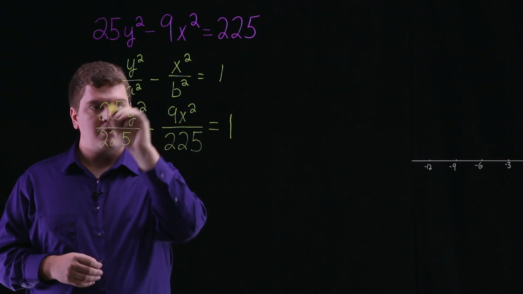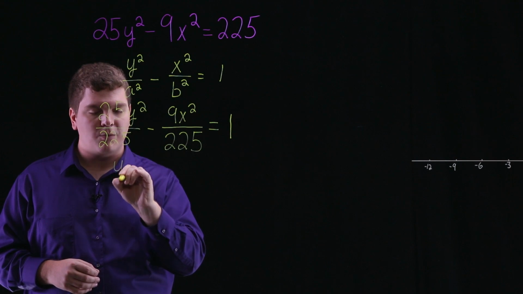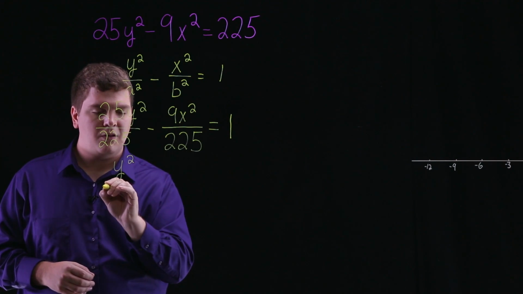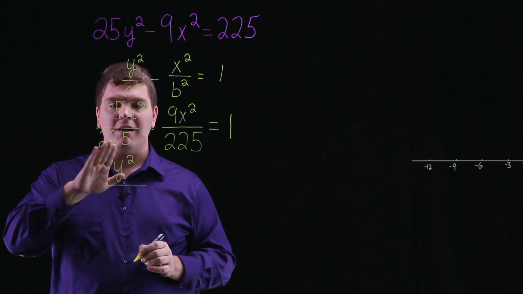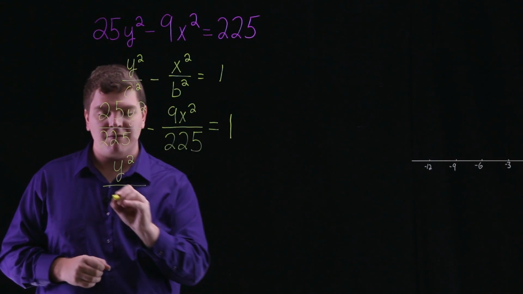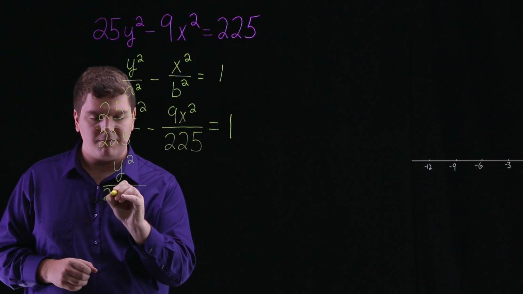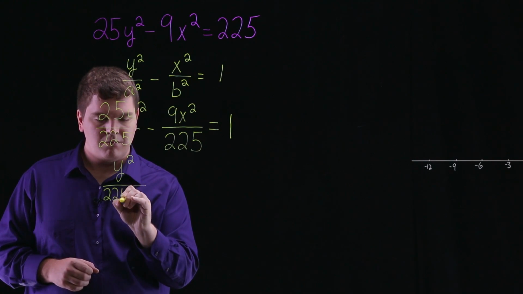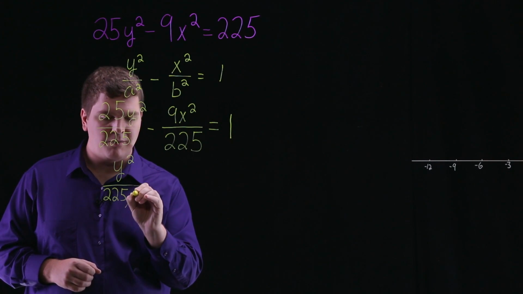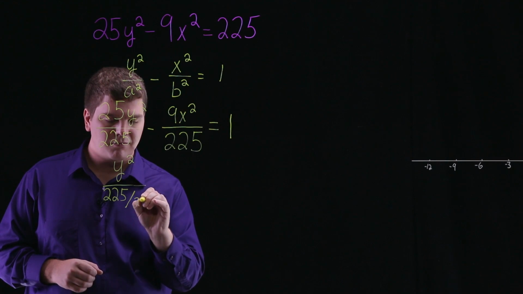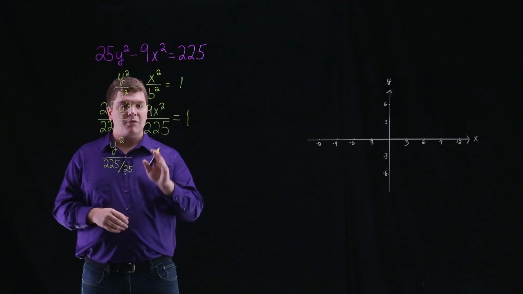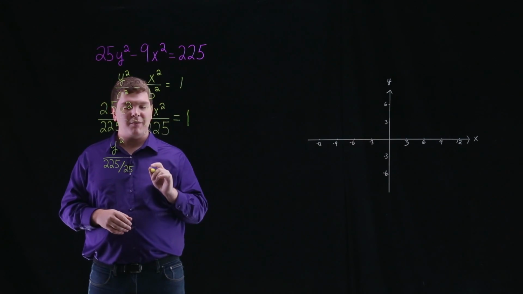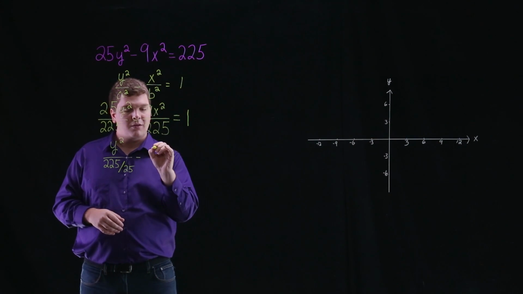So we're going to rewrite this first term as y squared divided by, we're going to rewrite 25 divided by 225 as 225 divided by 25. Now we're going to do the same thing for 9 divided by 225.